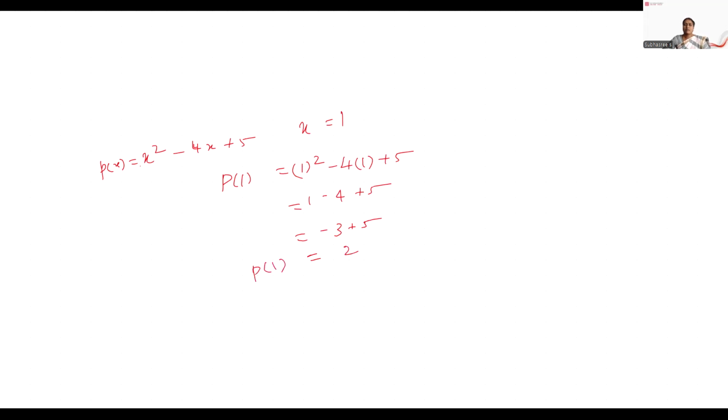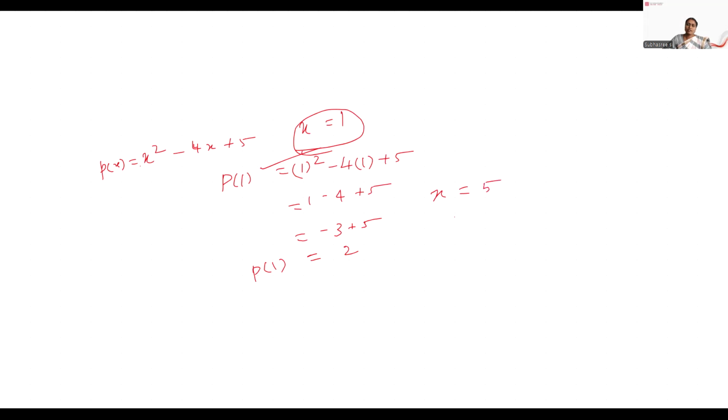It's just an example I'm trying to explain, how you have to induce the value of x inside the given expression. Clear? For example, suppose x equals a larger value, say we take 5.